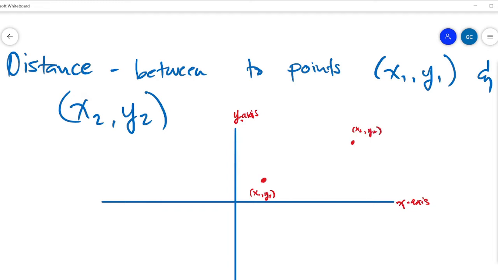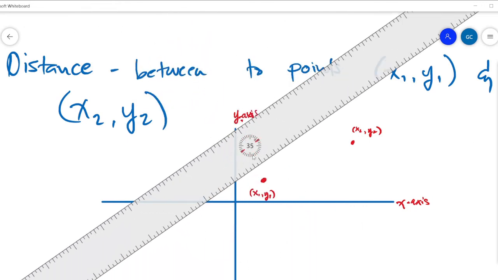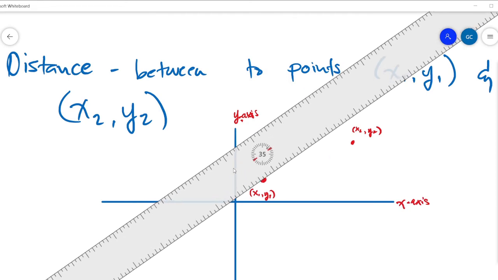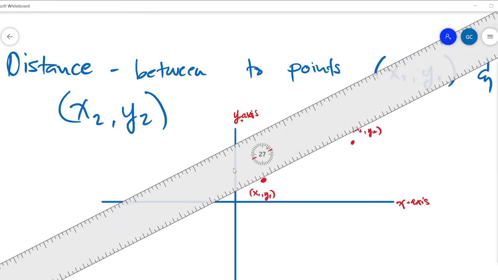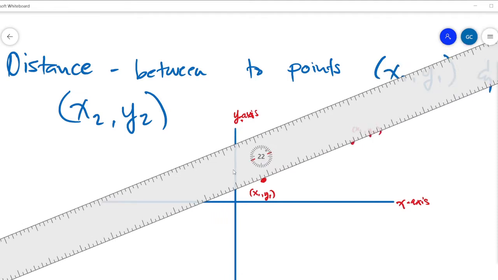When we talk about distance between 2 points, we will be measuring it in such a way that we get the shortest distance between these 2 points.